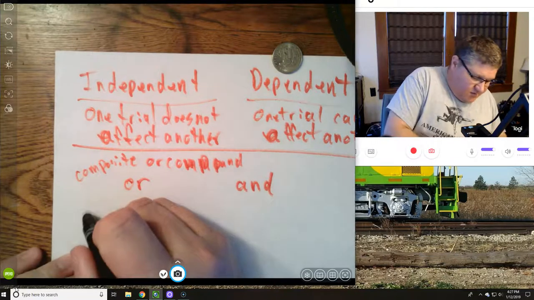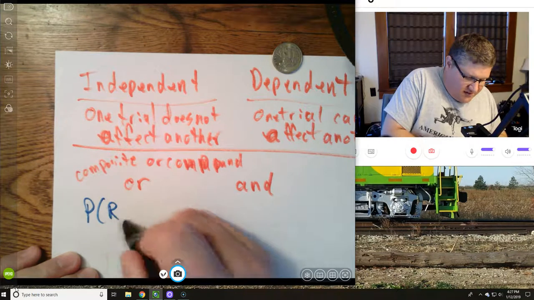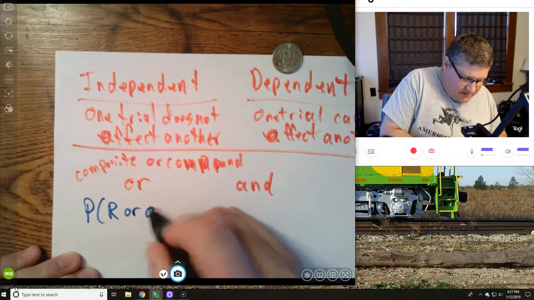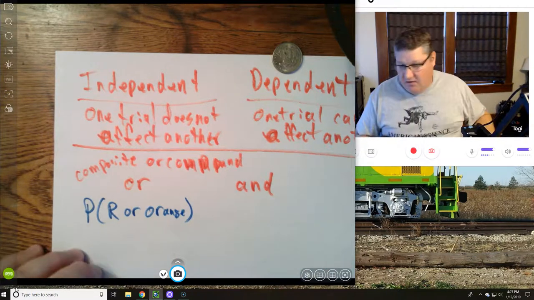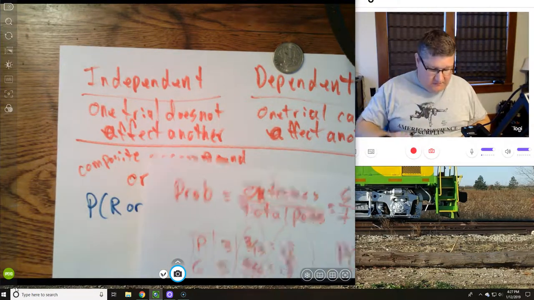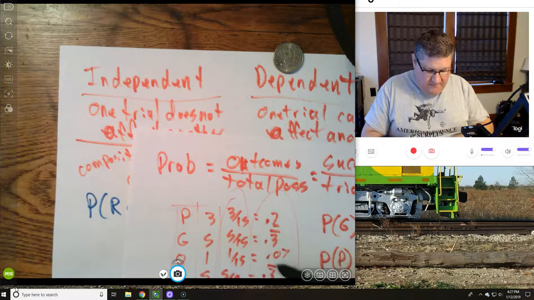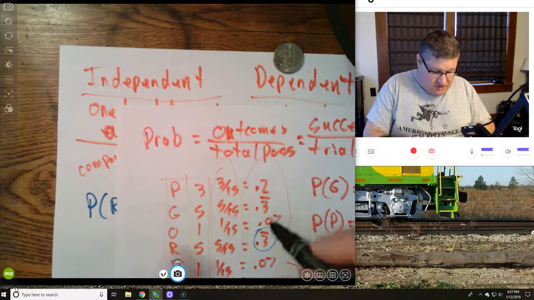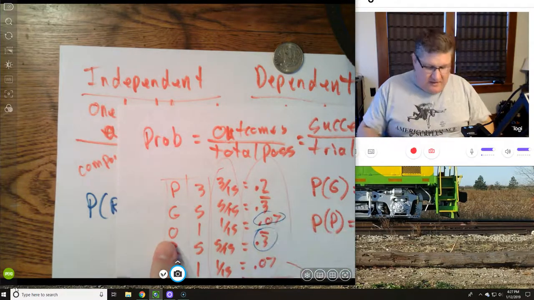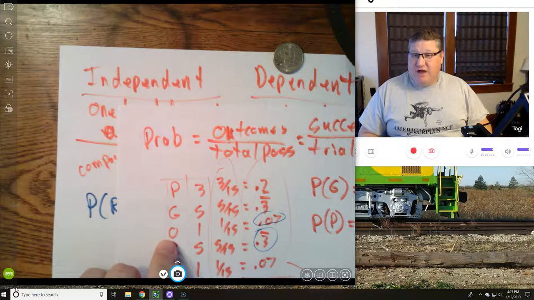Because if I want the probability of getting a red or an orange, well, in my original list, I can simply take the probability of getting a red, 0.03, and the probability of getting an orange, 0.07, and just add those two up.